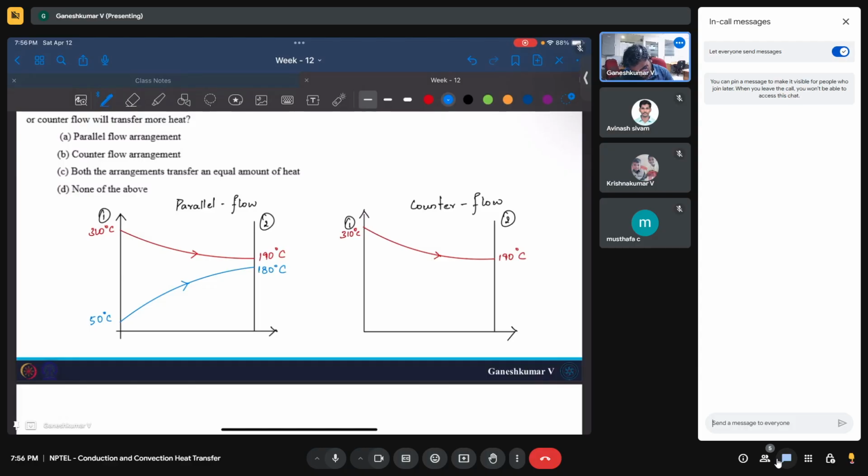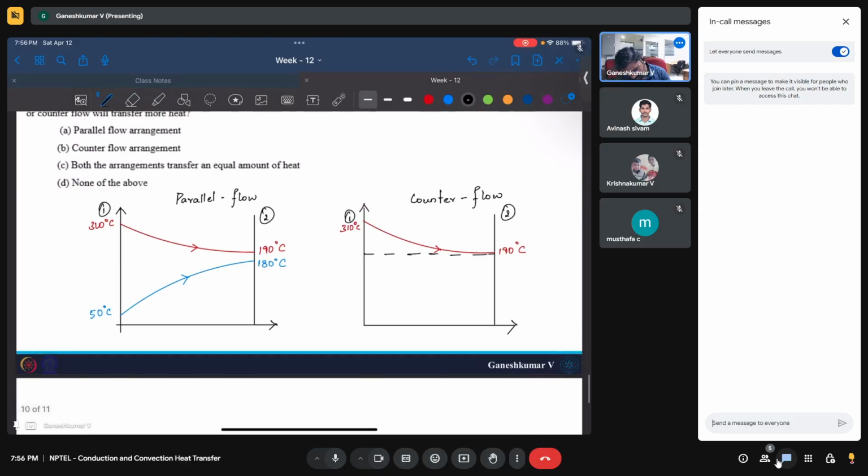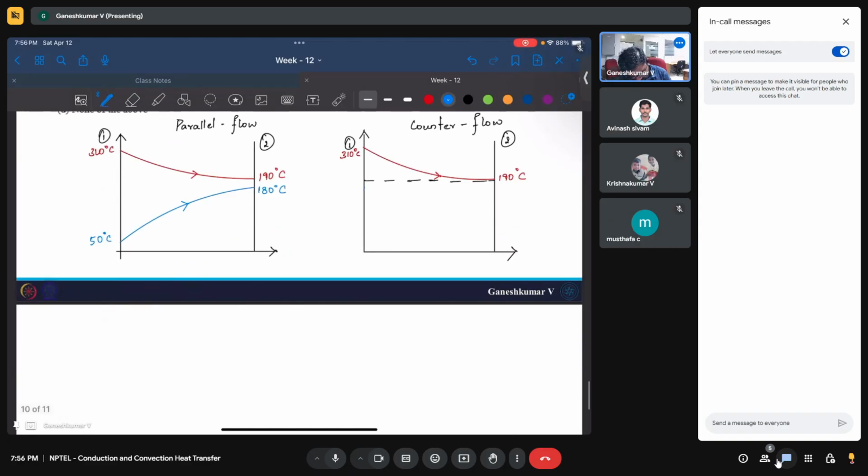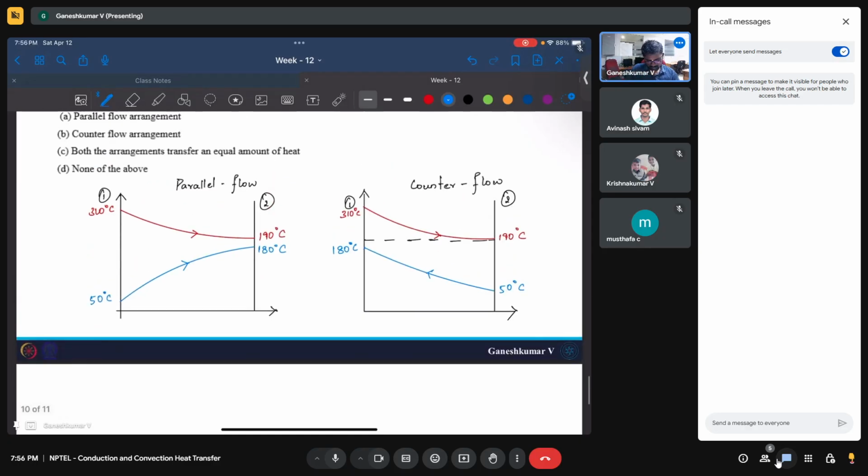This is 190, so it leaves at 180, a little bit less than this. So what do you guys think?